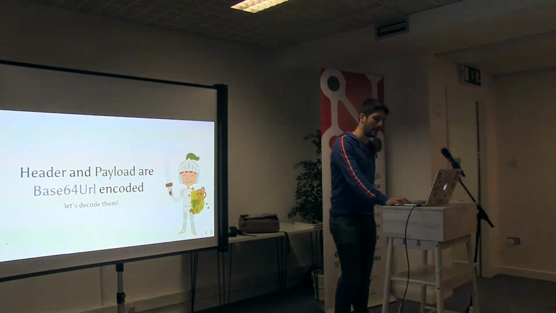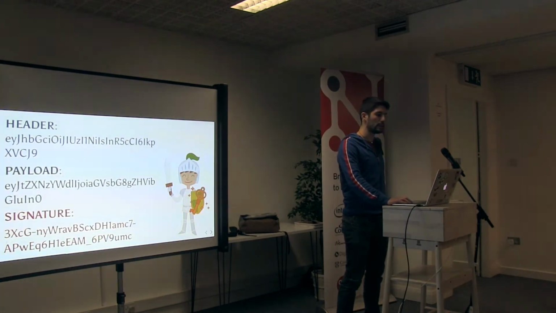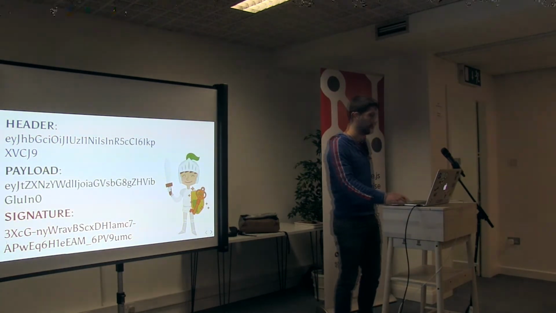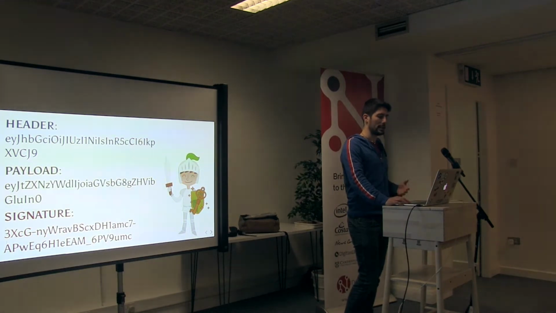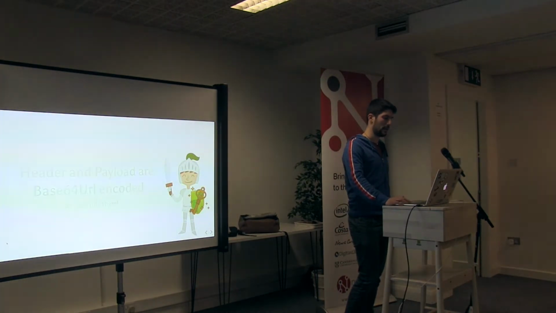So header and payload are base64 URL encoded. If you ever used base64 as a way to encode, maybe binary data, and make it more readable, you will see that the character set is very similar there. So it's very easy to figure out that there is some base64 encoding there. So let's try to decode, especially the header and the payload.